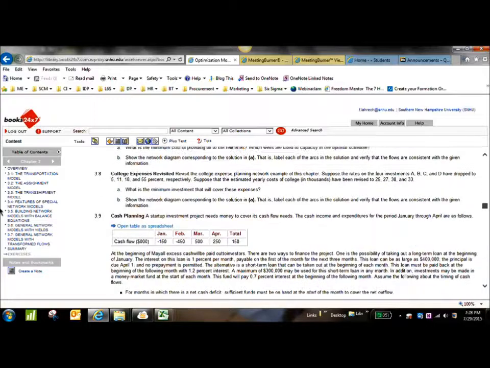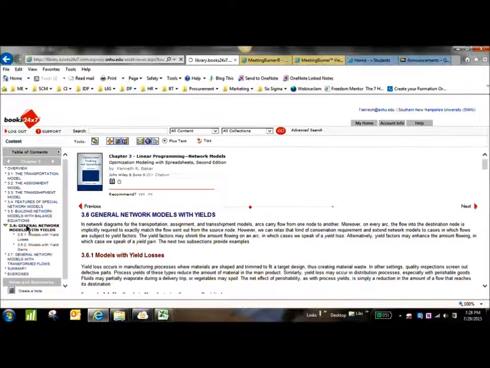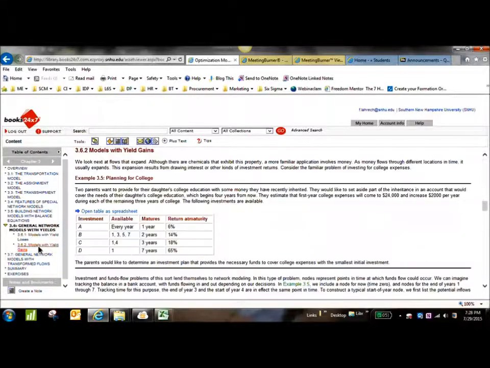But rather than going here, because it says revisit the college expense planning network example of this chapter, what you need to do is go back to 3.6. Once you click 3.6, there are models with yield gain.